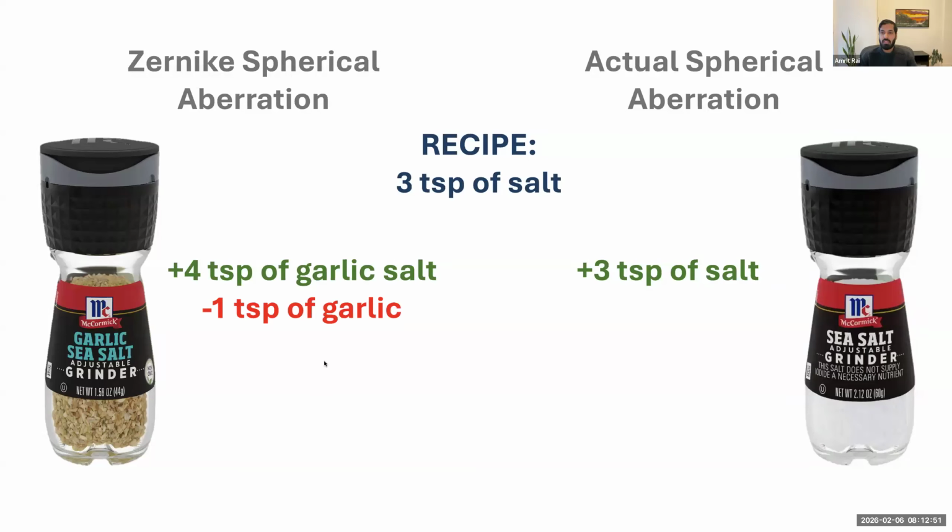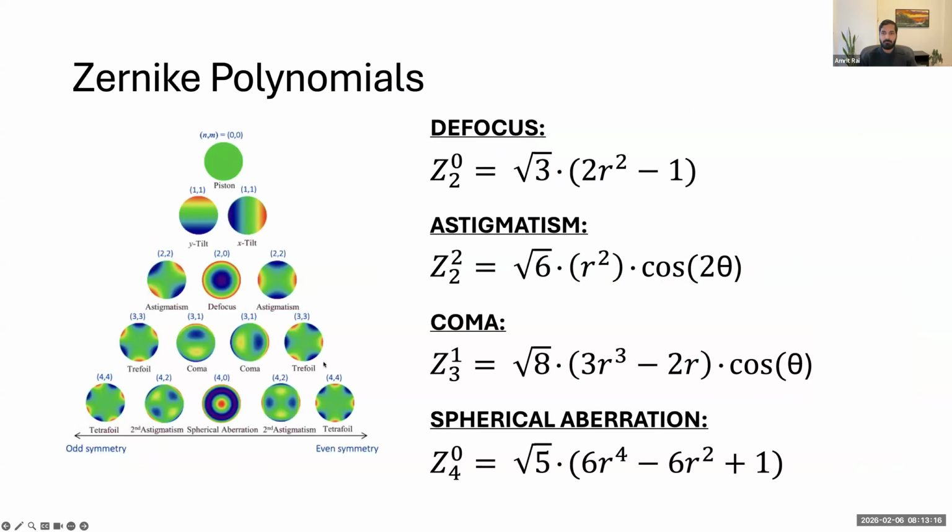But if you're in the kitchen on the left and you only have access to the garlic salt, things get more complicated. The garlic is contaminating the salt. And so we would need to add 4 teaspoons of the garlic salt and somehow subtract 1 teaspoon of garlic flavor. The higher order Zernike modes, like spherical aberration and coma, are similarly contaminated by lower order aberrations.